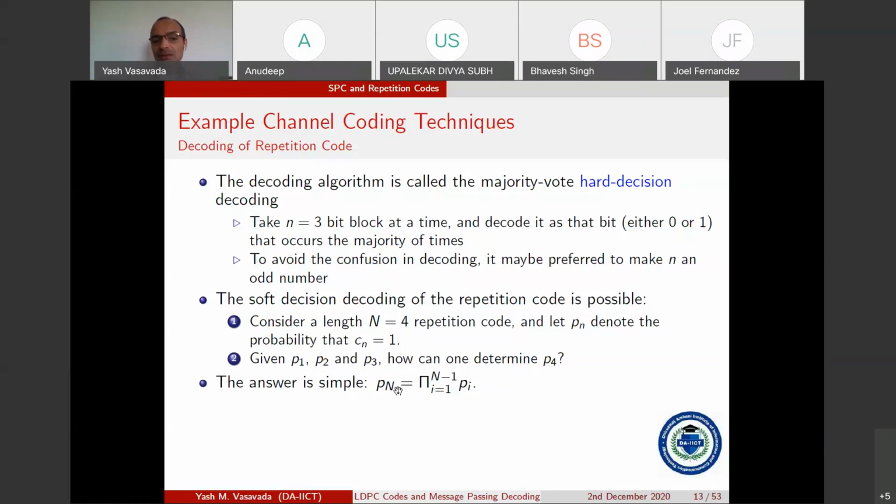Now that is called, do you know what it is called? There is a term for P of n divided by 1 minus P of n.